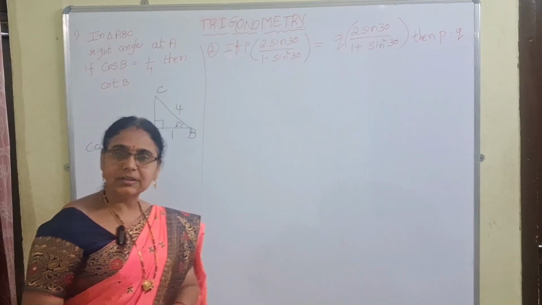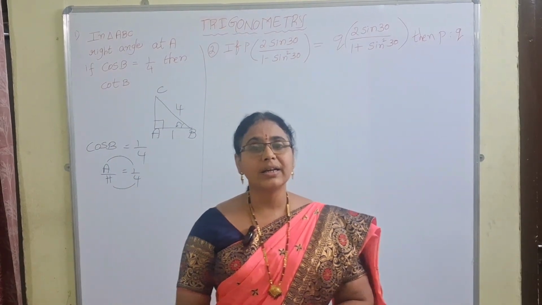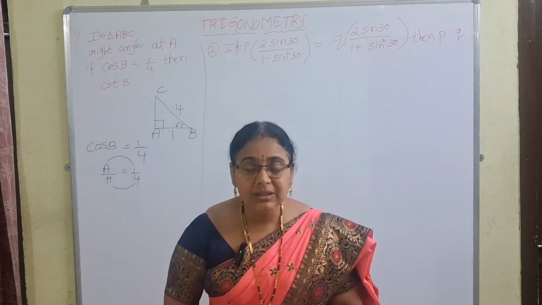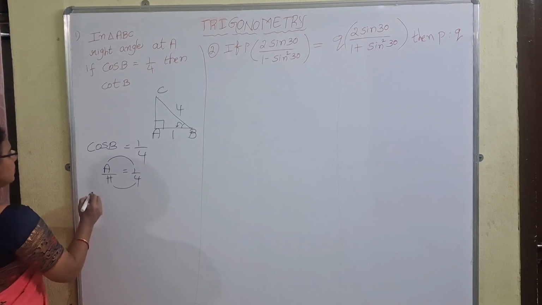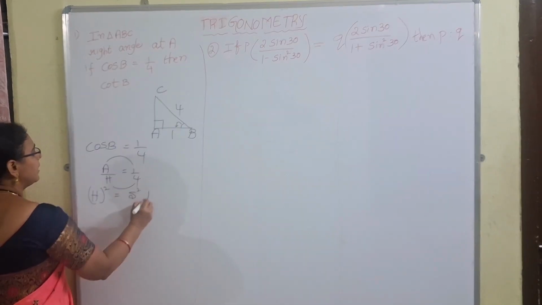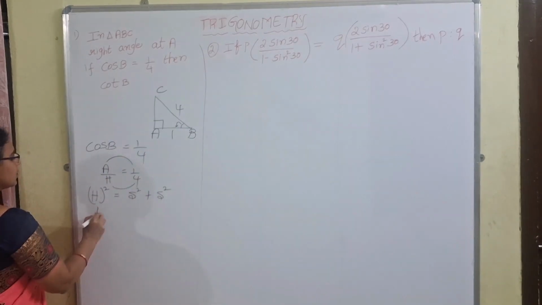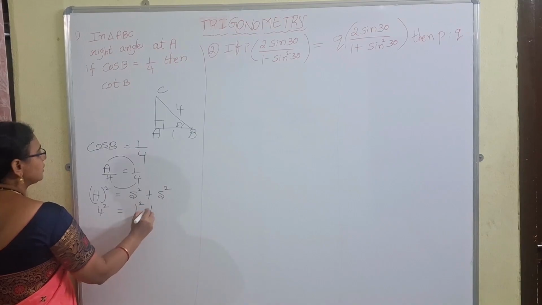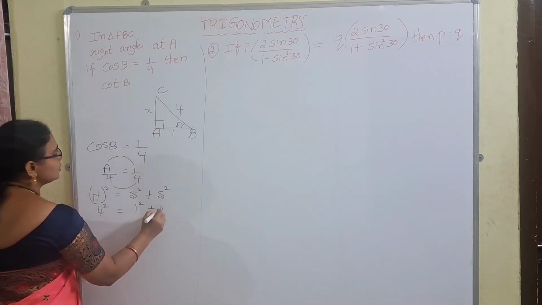How can you find the third side of the triangle? When it is a right angled triangle, we can go to the Pythagoras property. What is the Pythagoras property? Hypotenuse square is equal to side square plus side square. What is the hypotenuse? BC is the hypotenuse. 4 square is equal to 1 square plus the other side, which we don't know. I am assuming that is x.